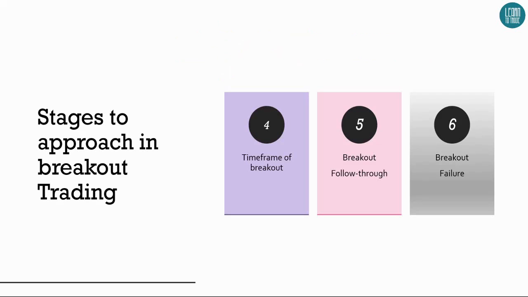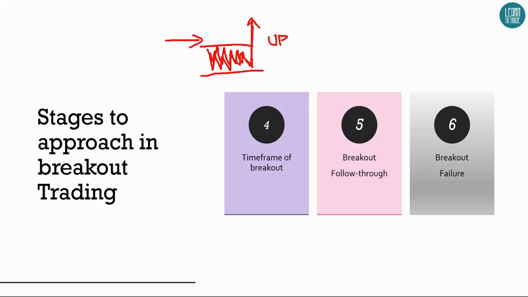Next is the follow through of the breakout. Generally, a breakout is visible to most traders. If you open a chart and start analyzing, once a balanced auction gets developed, we get a breakout towards the upside. Let's assume an upside breakout is developing, so this is visible to everyone.